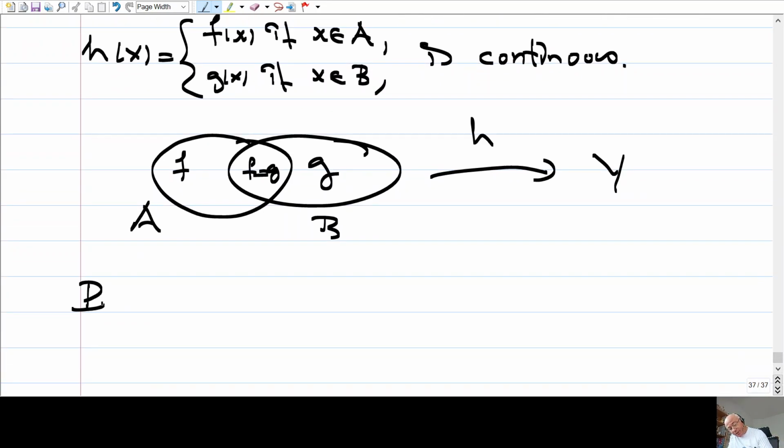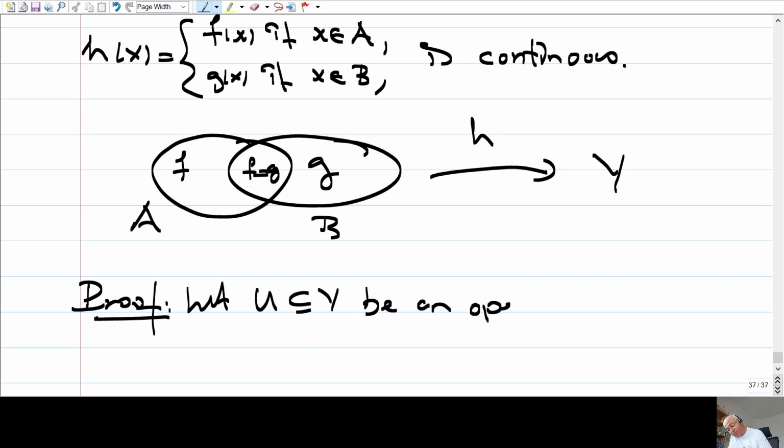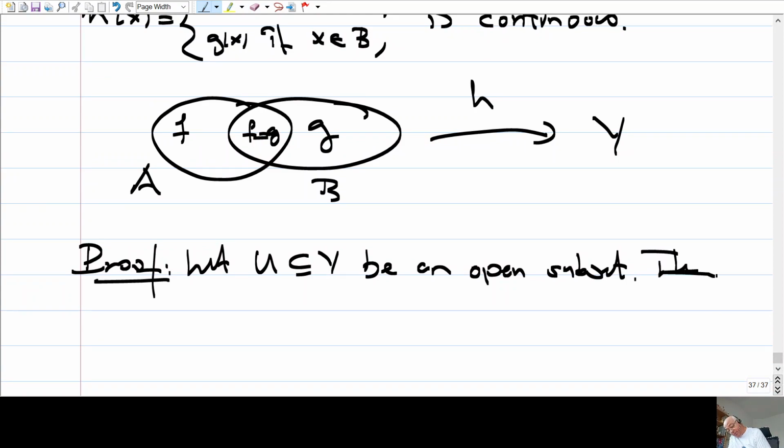And the proof is very simple. So let U be an open subset. Then what is h inverse of U?